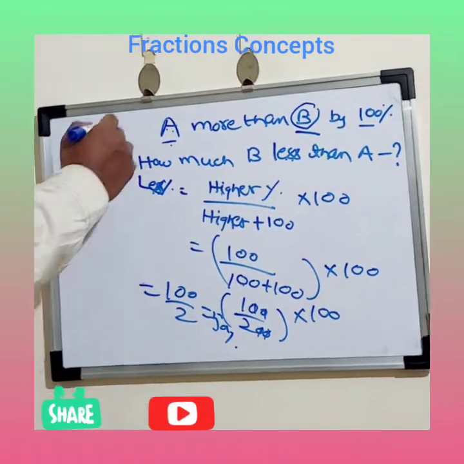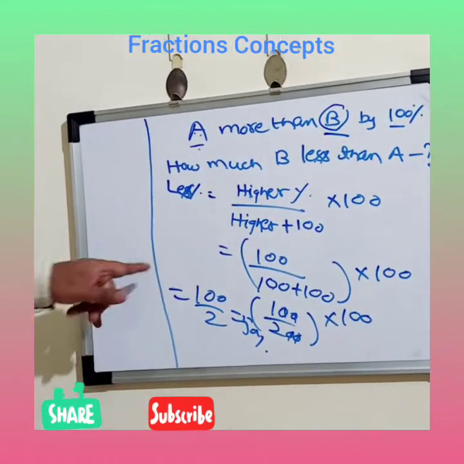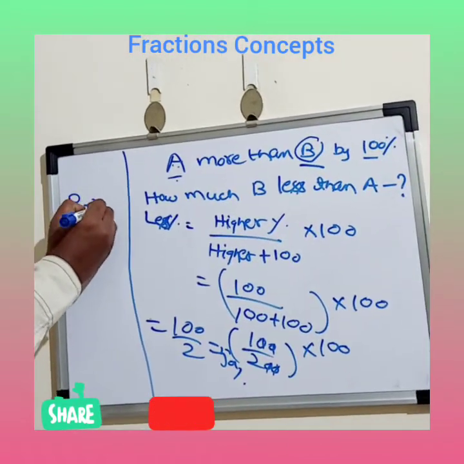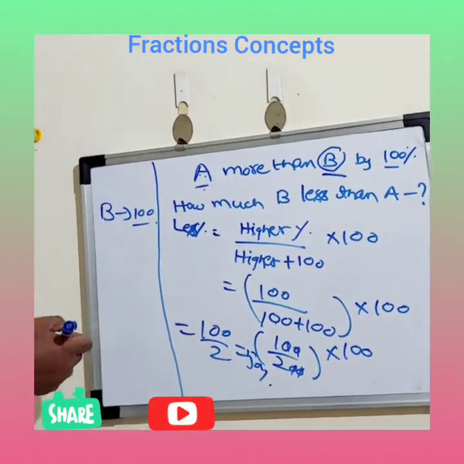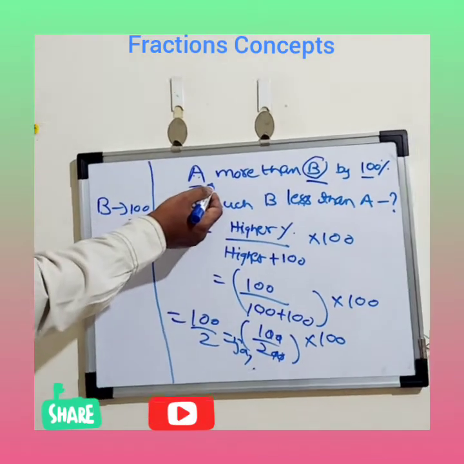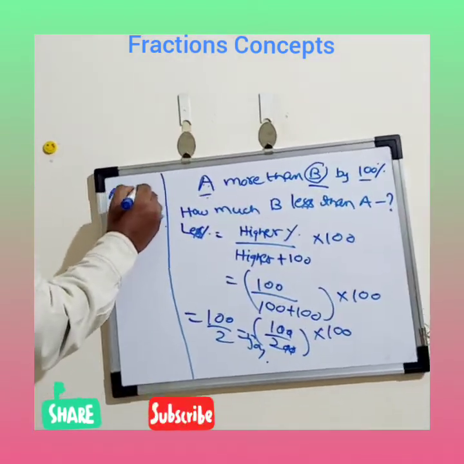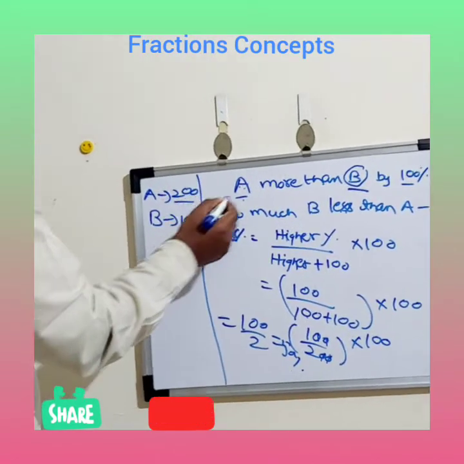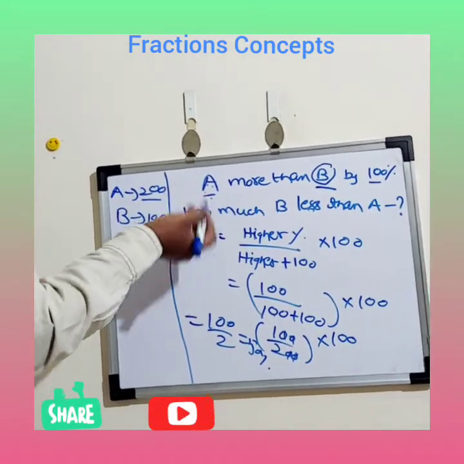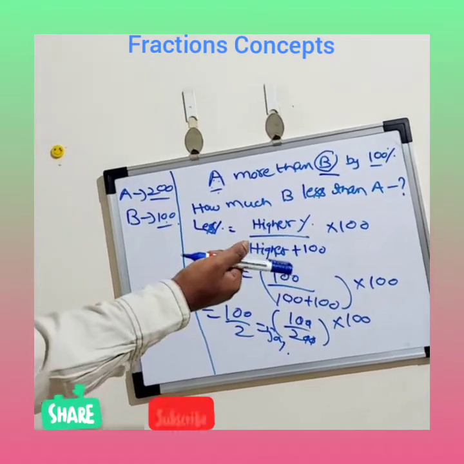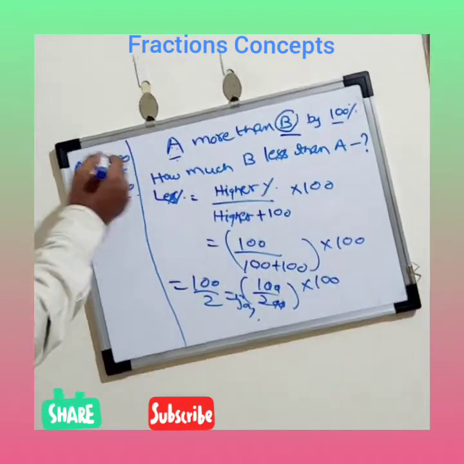We can verify this by taking some sample values. Suppose B's income is 100 rupees. With respect to the first condition, A is more than B by 100%. So what will be A's income? 200, because A is more than B by 100%, meaning B has 100 and more than 100 means 100 plus 100, which is 200.